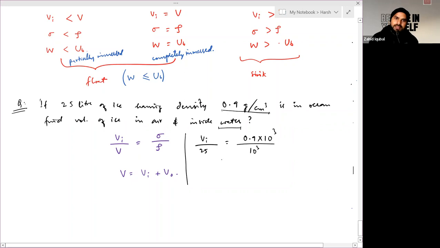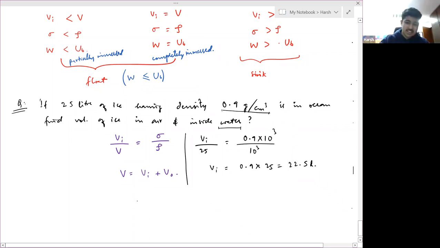So Vi will be equal to 0.9, 10 to the power 3 will cancel out. Move this 25 to the right side. So 25 into 9, it will be 225. With one decimal, it will be 22.5 liter. Is it clear?